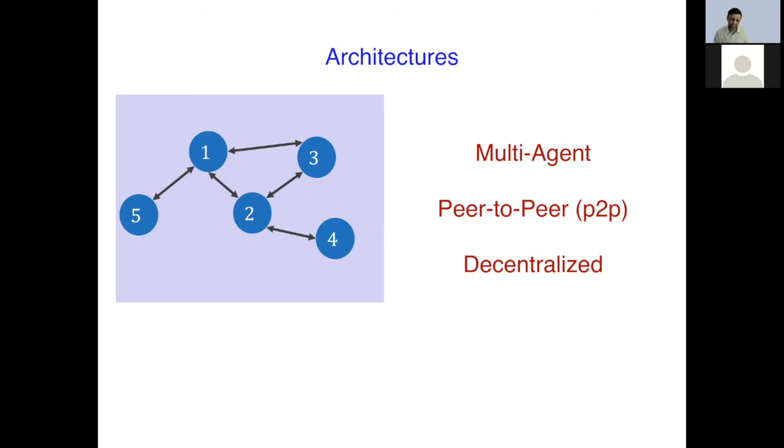So the network tells you how the interaction happens, and it is expressed by means of a graph. This graph is undirected in the sense that if agent 1 can talk to agent 3, then agent 3 can talk to agent 1. But there are generalizations where the graph is directed, meaning agent 5 may be able to send a message to 1, but not vice versa. Of course, you need these graphs to have some desirable properties for the algorithm to work, but this is the general architecture.